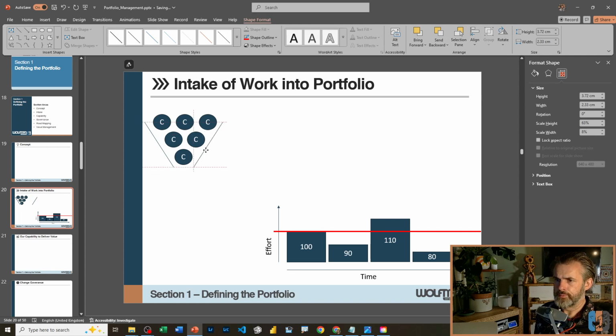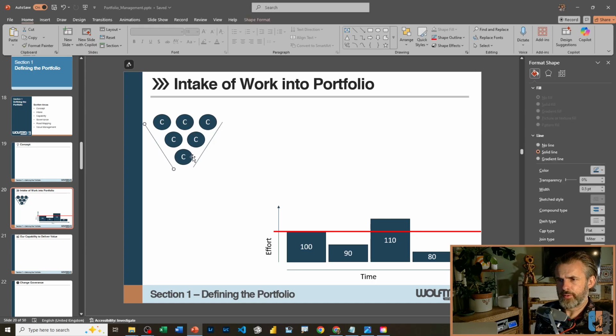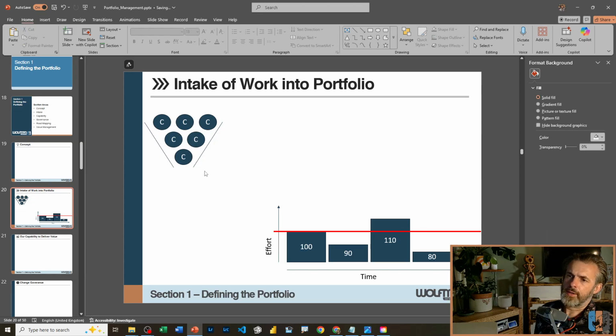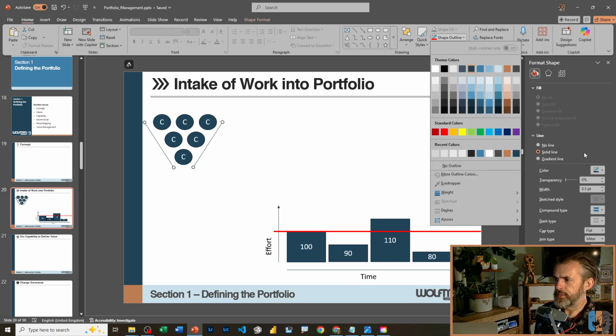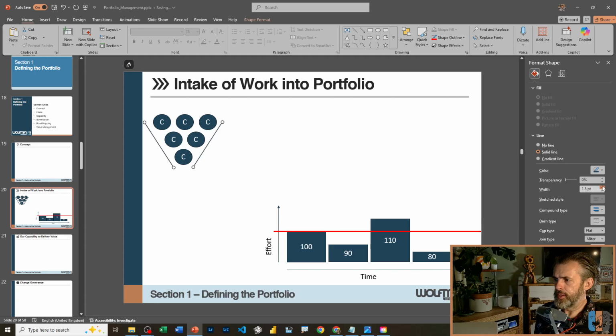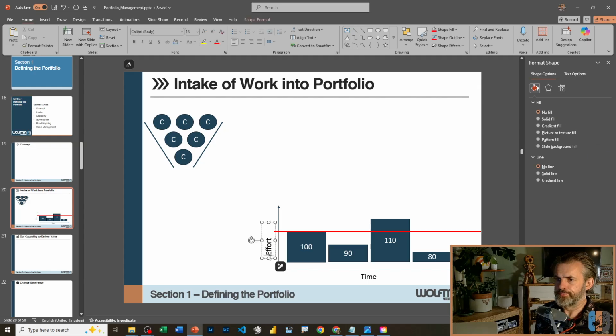Right, let's put it there and make that a little bigger. So here we've got our intake, our concept funnel.